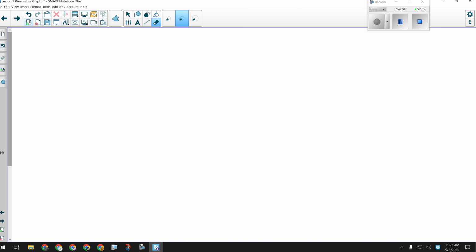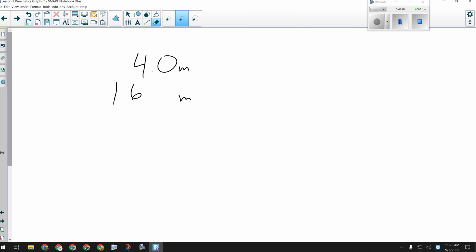Okay, let's say I measured a distance to be 4.0 meters, and then I measured the next distance to be only 16 meters. This number here is measured to plus or minus 10 centimeters. This is measured to plus or minus 1 meter.